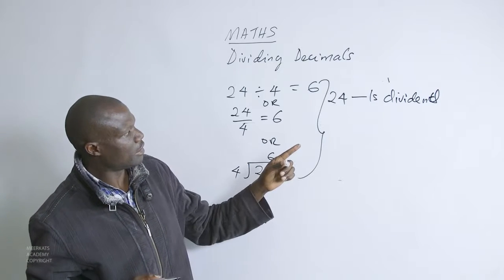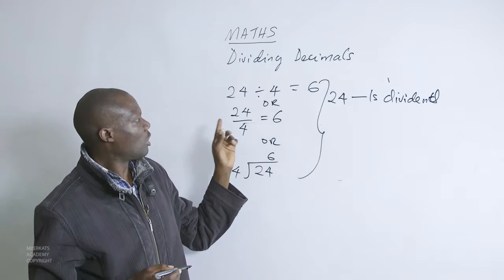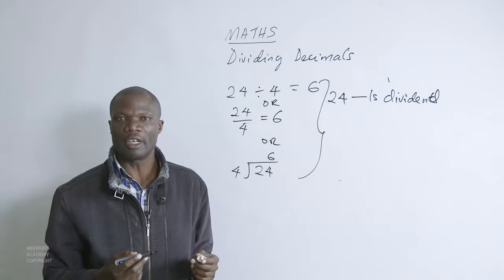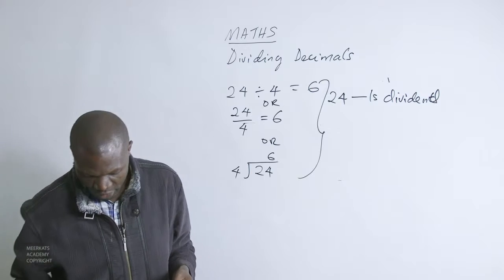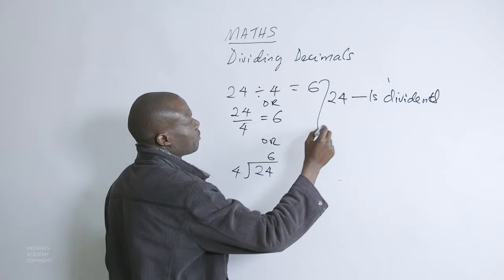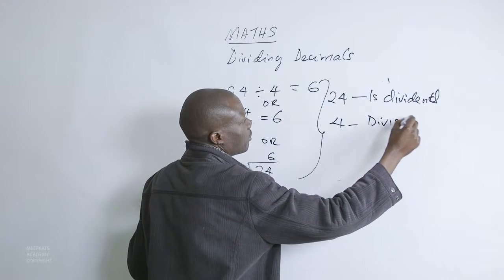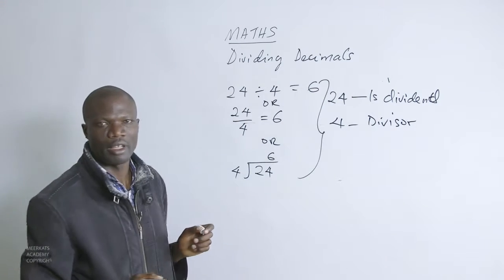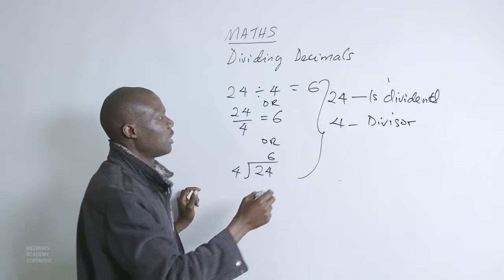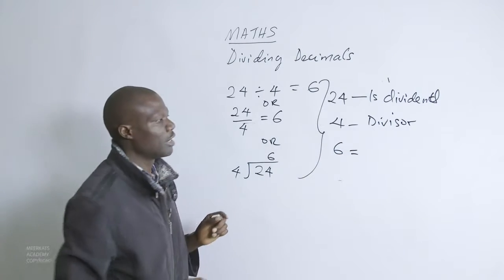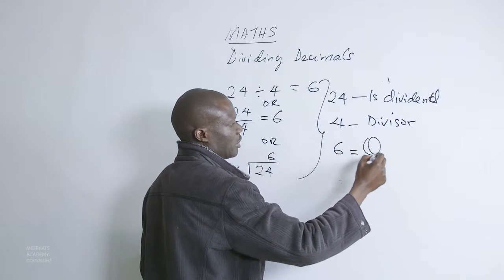What we have as 4 down there is what we call the divisor. Then we have the answer we are getting, which is 6. We call it the quotient.